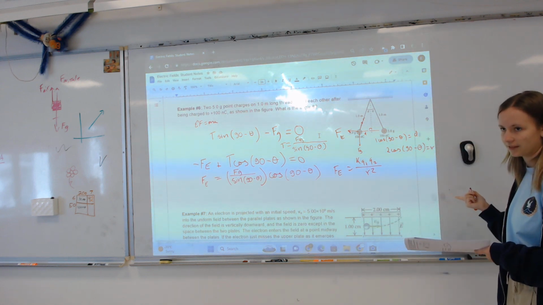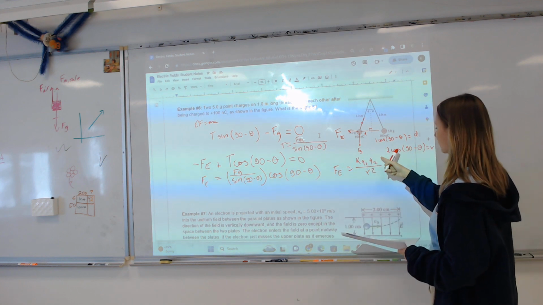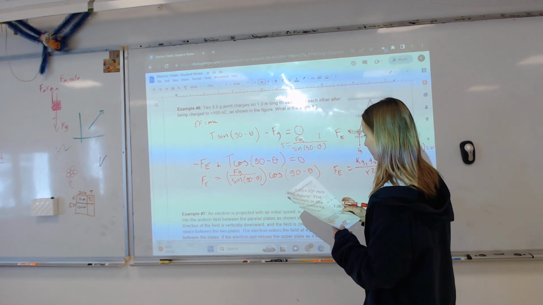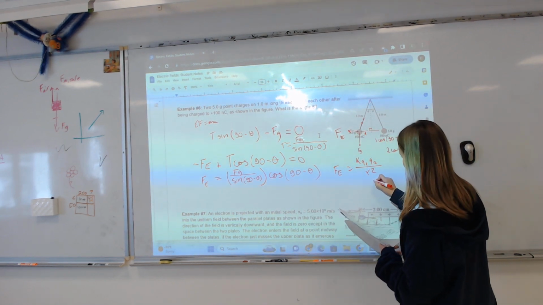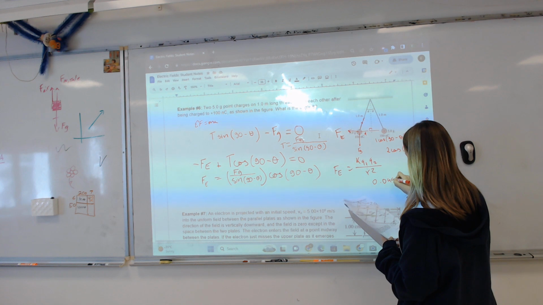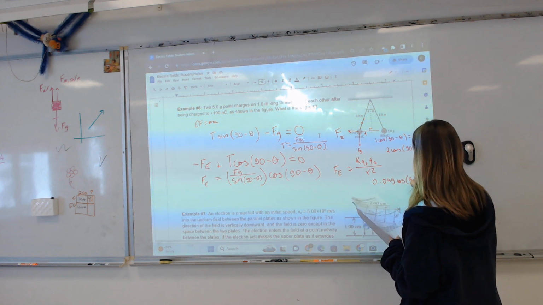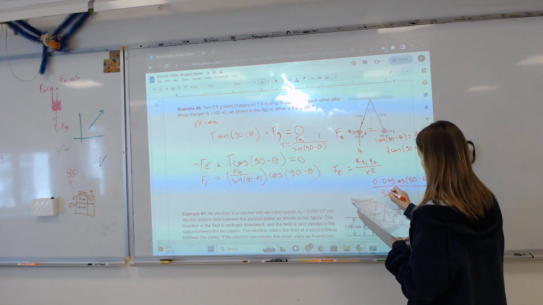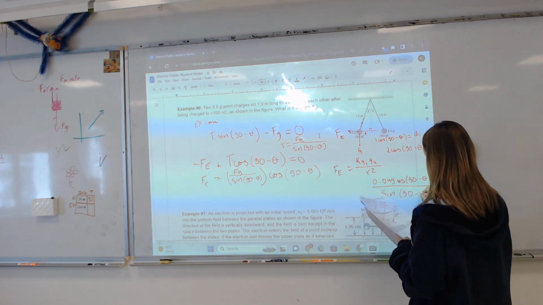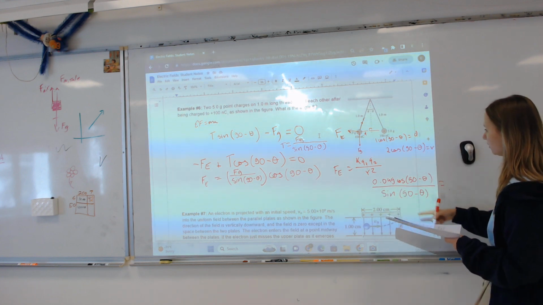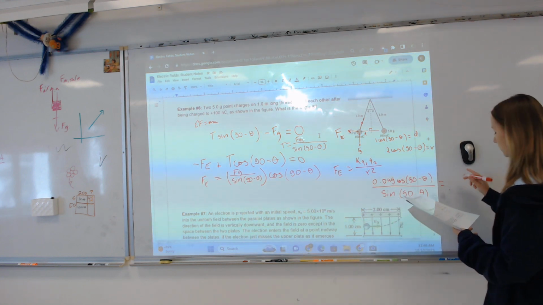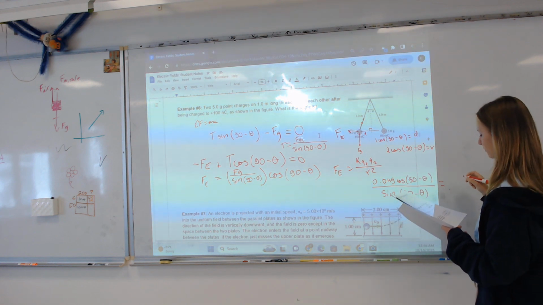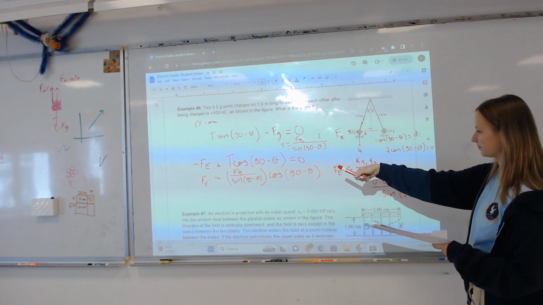Does that make sense? And then I plugged in the values. I plugged in this for R. And then I got an equation that was like 0.049 cosine 90 minus theta over sine 90 minus theta is equal to, so this is Fe, is equal to what I had, actually no, this is Fg, I think.